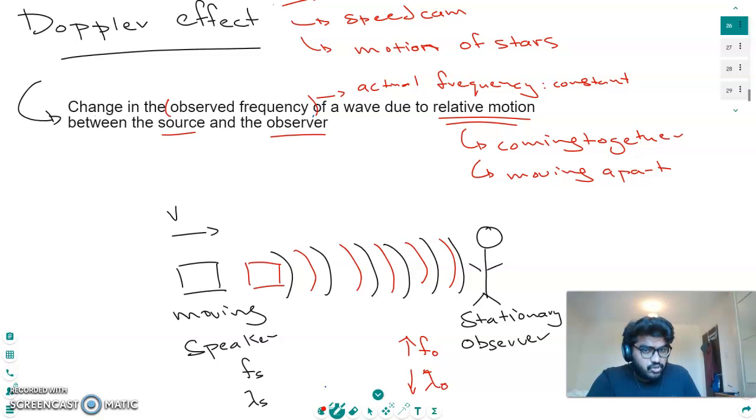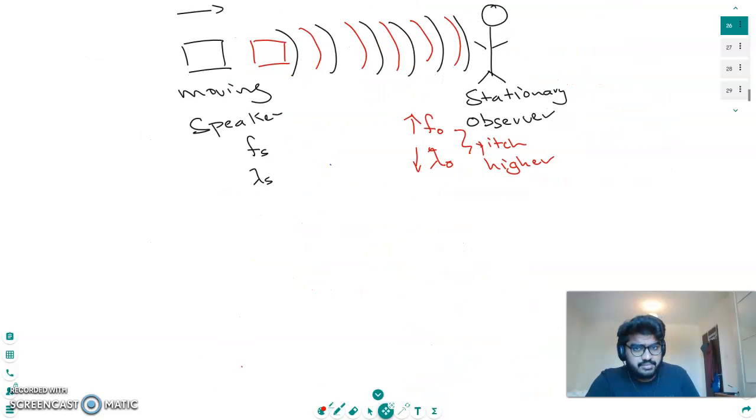You can see the wavelengths are shorter now. And what this means for a sound wave is that the pitch is now higher. And this pitch is how you hear sirens, for example, becoming higher and higher pitch as they drive closer to you.